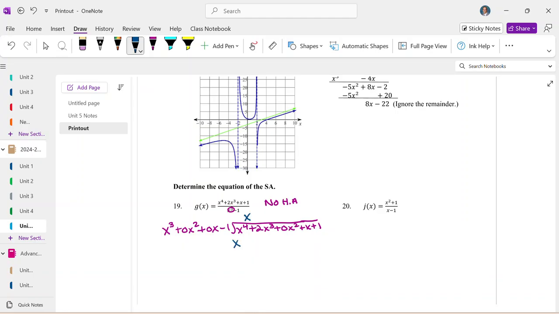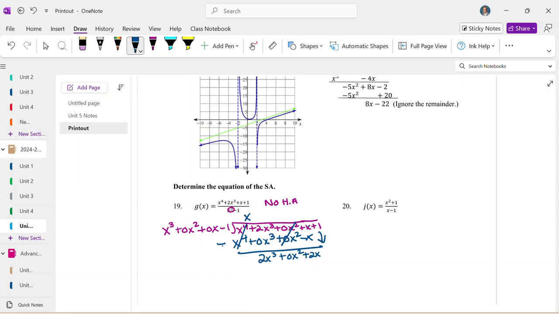So then we multiply. And notice we subtract, so that's going to cancel here. 2 minus 0 is 2. 0 minus 0 cancels out. And then x minus negative x, so that's x plus x, which gives you 2x.